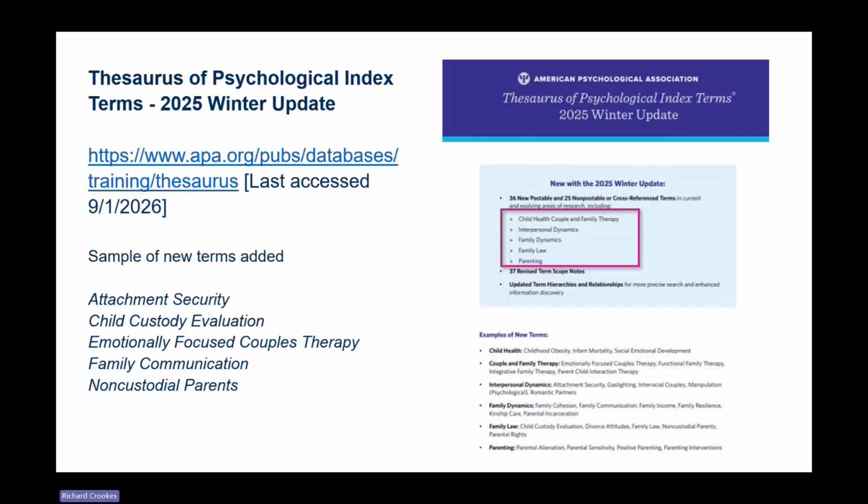Attachment security, child custody evaluation, emotionally focused couples therapy, etc. So these terms are included here. So the document itself does give you more detailed information about the APA Thesaurus. So it's updated periodically, and this is the most recent update from winter 2025. So again, you can look at that in your own time.